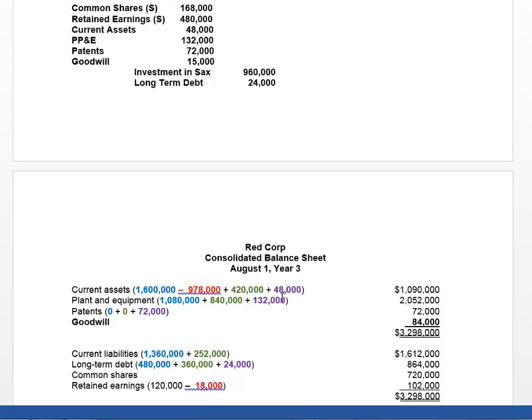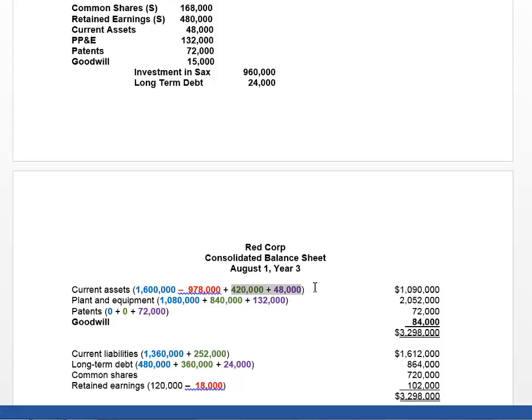I like to spotlight them or highlight them here so that you see them separately. But you can see here that we are following the acquisition method discussed earlier in this chapter on business combinations. We're adding to the carrying value of Red the fair value of Saks. All I'm doing is splitting that fair value up into two pieces, carrying value plus the increment.